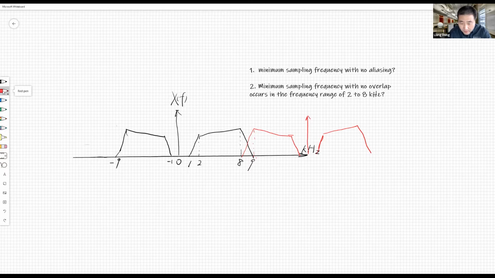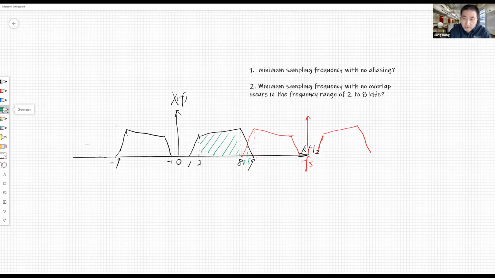This is my Fs. This is the minimum I can get without any overlapping of the range from 2 kilohertz to 8 kilohertz. Right? And then I know Fs should be twice the middle point, which is here. This middle point is 8.5.